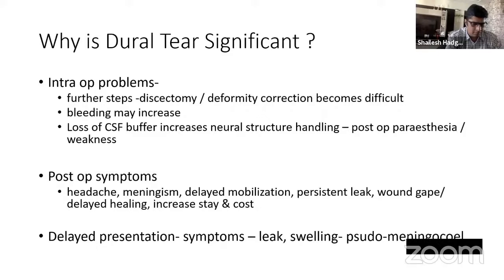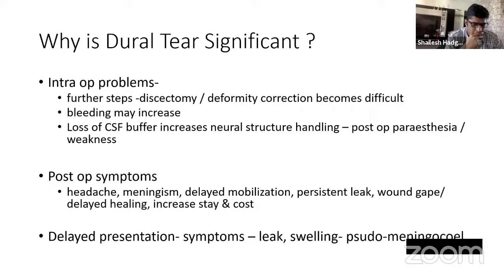At times, the dural rent is large enough that the rootlets can bulge out and get caught with our instruments. So there is a chance of weakness or post-op paresthesia in such cases. During the post-op period, the patient can complain of headache, meningitis symptoms. The patient will have delayed mobilization depending on how good or how bad the wound is.